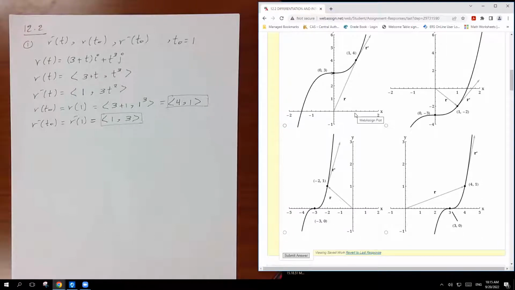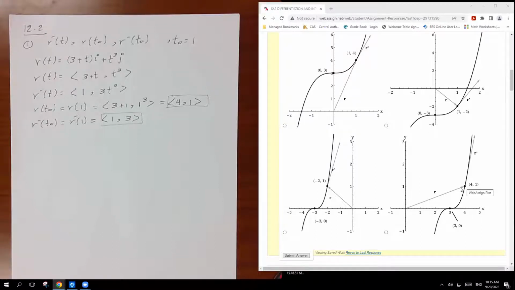We need to grab the vector. So this is 4, and this is 1. So you see this vector r of t is 4, 1. I'm talking about the vector, not the point.